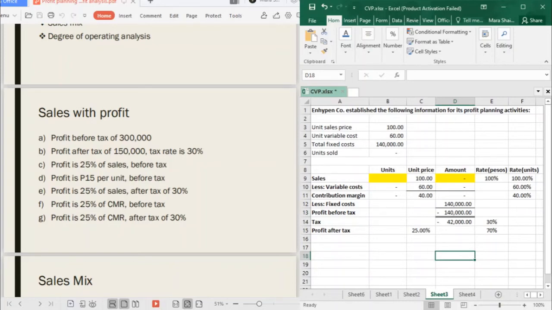Our objective first is the same as in letter C. But here, the 25% is given as the profit rate. Now, our profit rate before tax is not 25%, because the 30% tax has already been deducted.